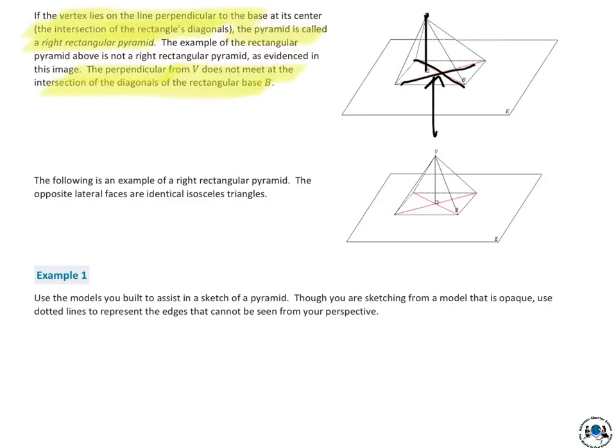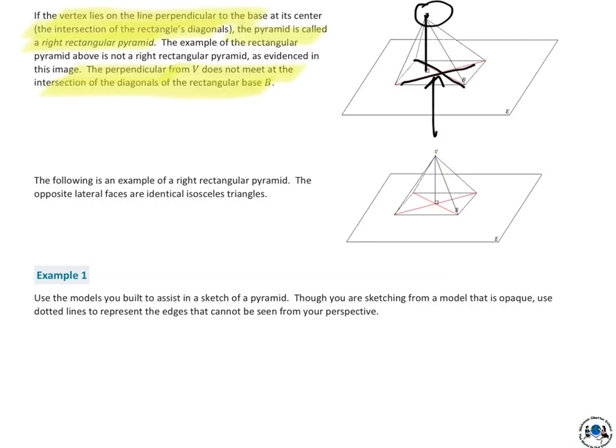The ones that you made with the nets that were provided do make right rectangular pyramids, because they fulfill that requirement: the vertex V needs to have a line perpendicular to the base right in the center point.